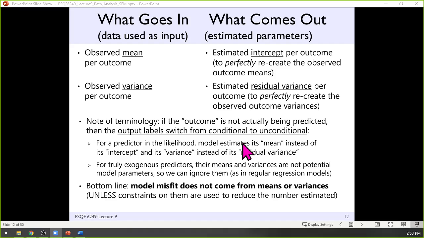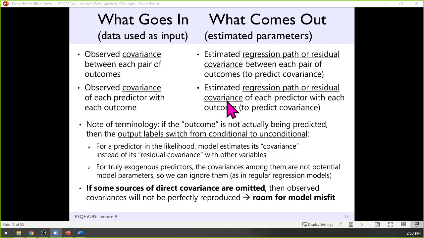Because each variable gets its own mean or intercept and its own variance or residual variance, these won't be the cause of any misfit. It boils down to covariances. If you have a covariance between pairs of outcomes, you can reproduce that with a regression path, or a covariance between the residuals for those outcomes, and it will be perfect.